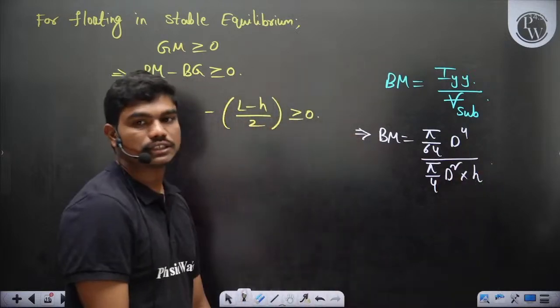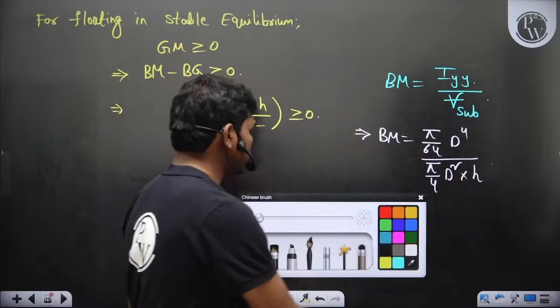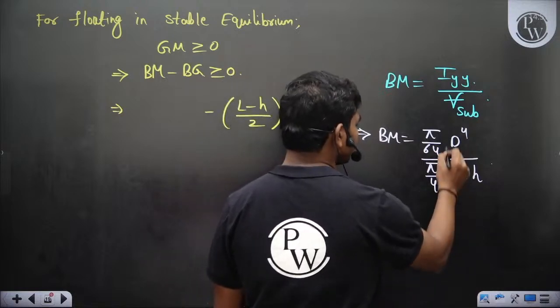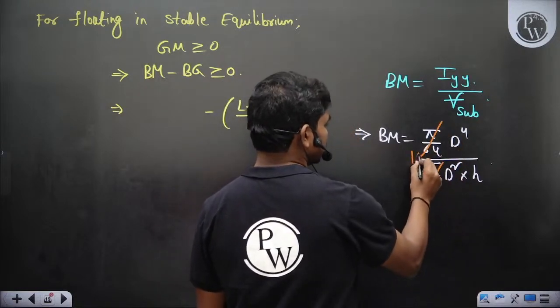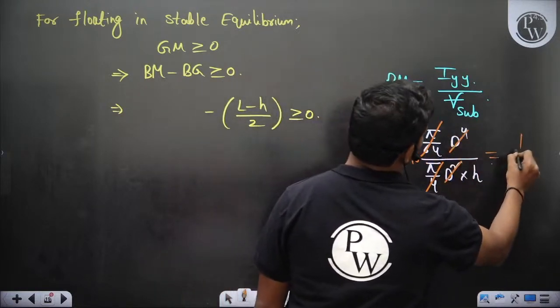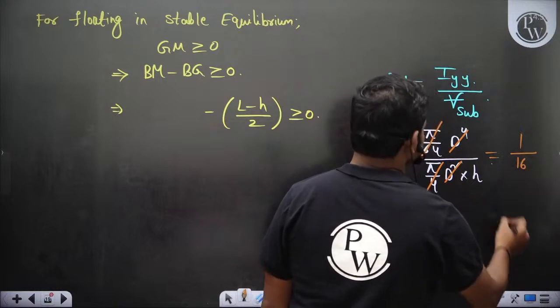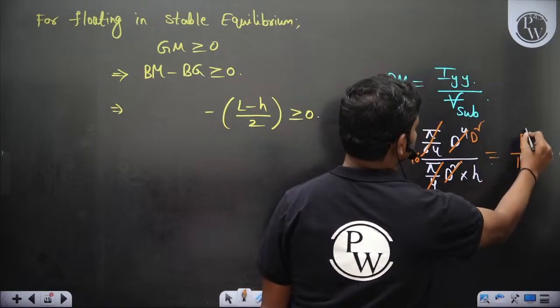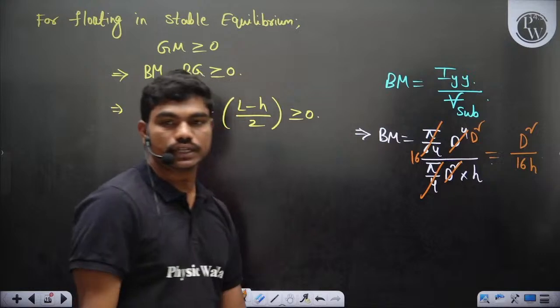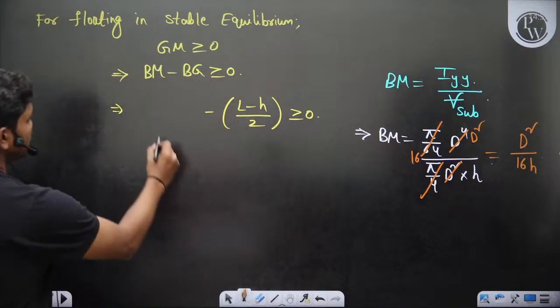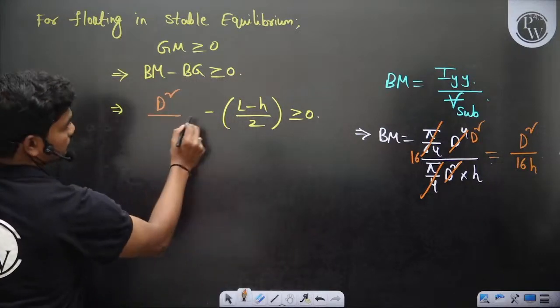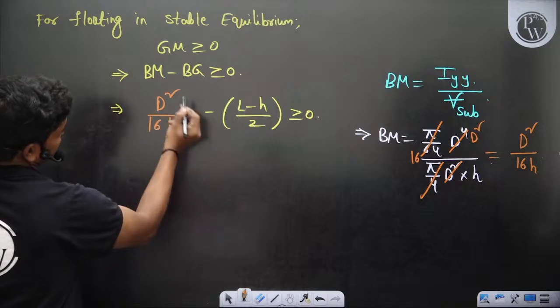So pi by 64 over pi by 4 gives 1 by 16, so d square by 16 h. That's the metacentric radius, d square by 16 times h.